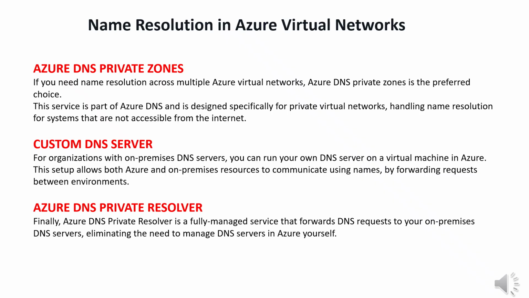This setup allows both Azure and on-premises resources to communicate using names by forwarding requests between environments. Finally, Azure DNS Private Resolver is a fully managed service that forwards DNS requests to your on-premises DNS servers, eliminating the need to manage DNS servers in Azure yourself.